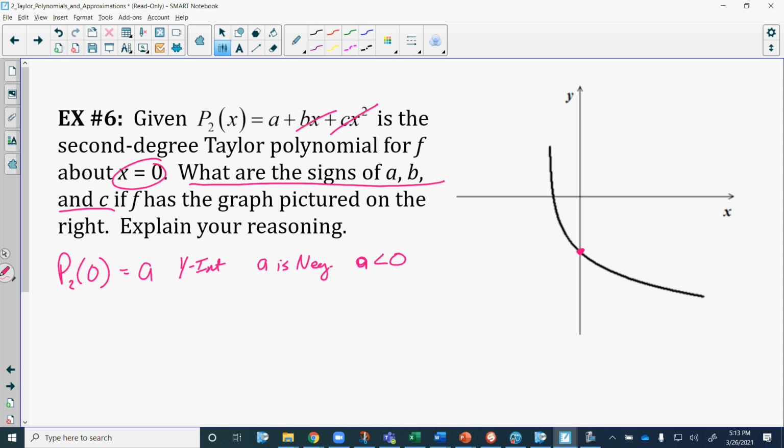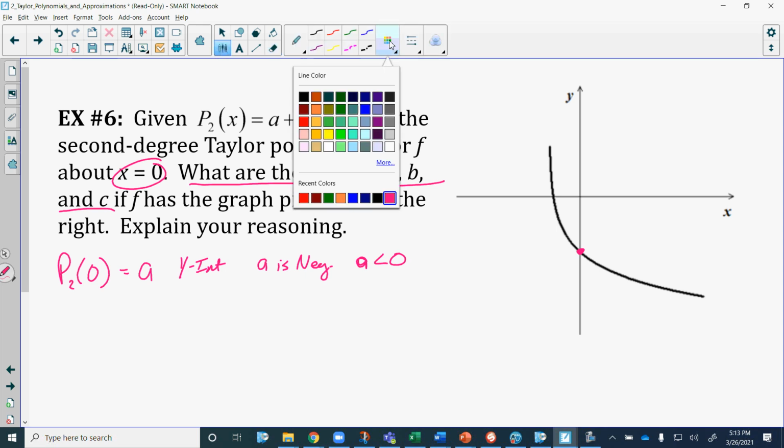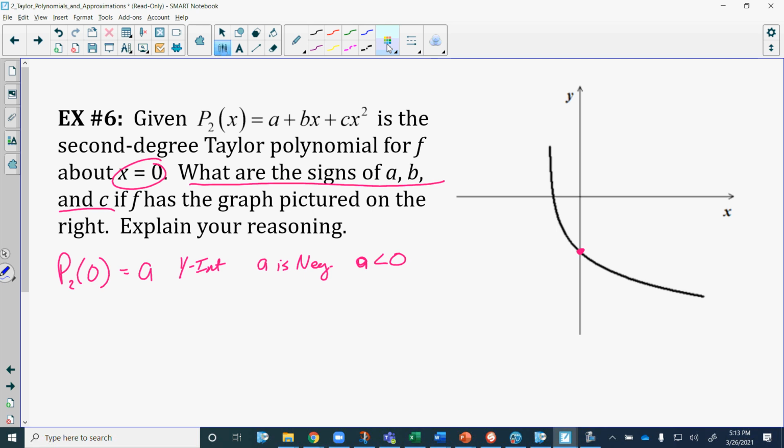Well, let's try to look at b. All right, let me pick a different color here for b. So let's look at b. Well, b, being where its position is, remember what the general Taylor form does. This is our first derivative. That's f prime of c.